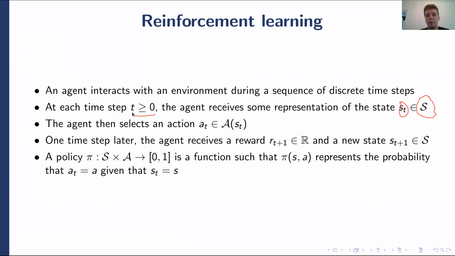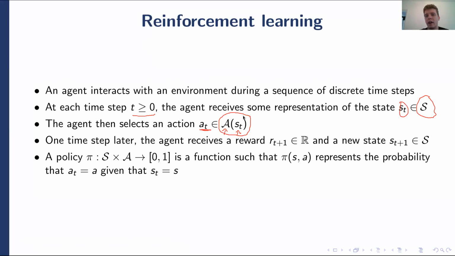At a given time step t, the agent will select an action that I'll denote by at, and this action is taken from calligraphic A of st, which denotes the set of actions that are available in state st. Okay, so this S is the set of states.